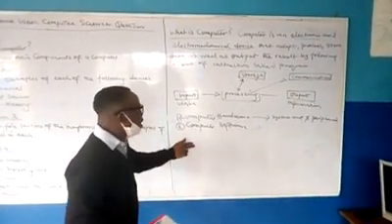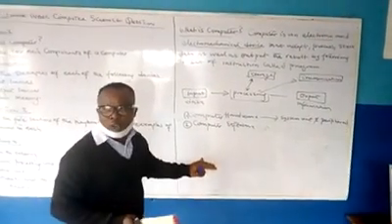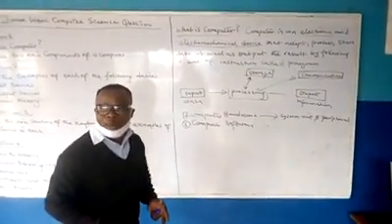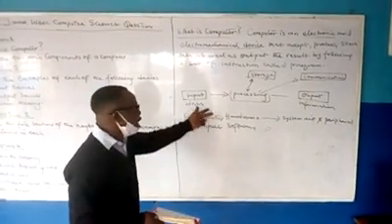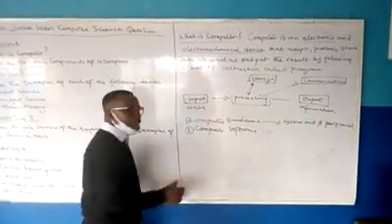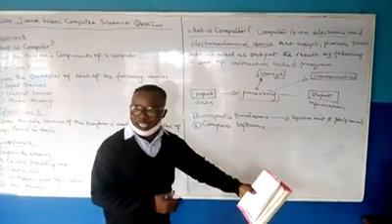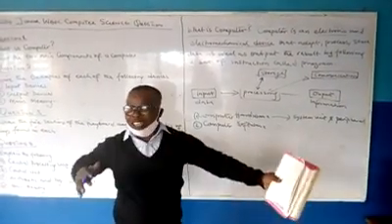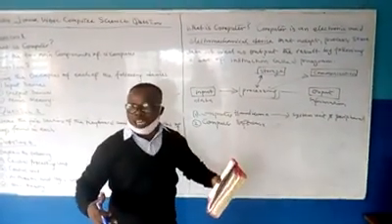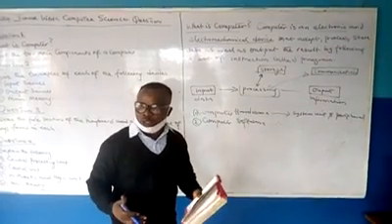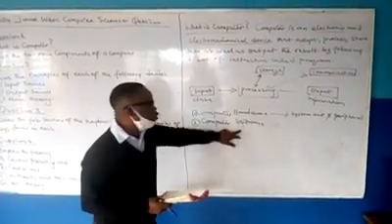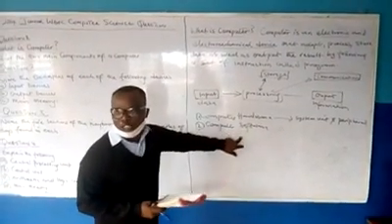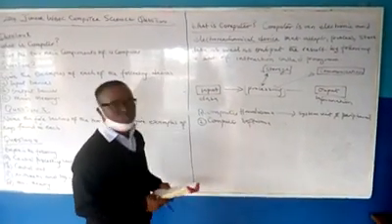And what makes it a system is a combination of hardware and software that make it function well. That is why at times I tell you that a system is a whole made up of many parts. Each part is dependent, interrelated and interwoven. So without the hardware, the software cannot function, and without the software, the hardware cannot function.